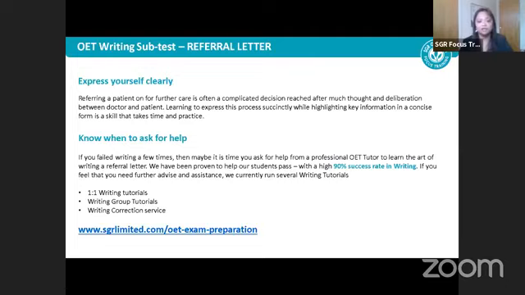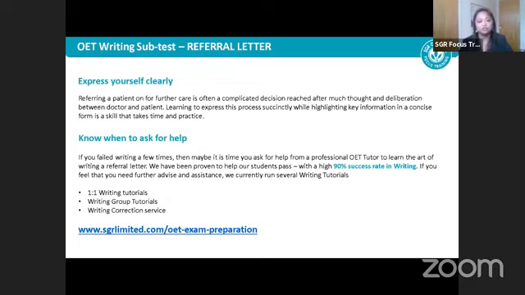And for those that require just some guidance as to how to improve their letter, we do provide a writing correction service as well. It's a bit more detailed than some of the writing correction services out there.